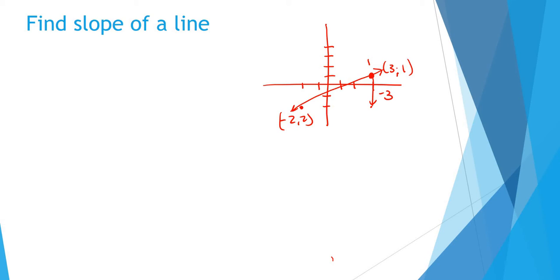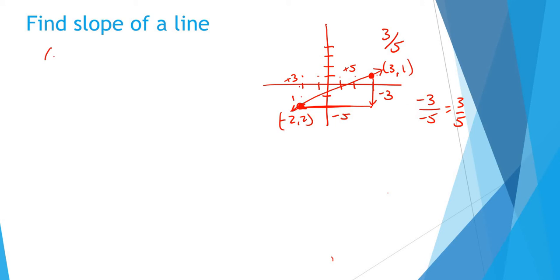That's a -3 from 1 to -2. And then I would have to move to the left 5 units. So the slope here would be -3 over -5, or 3/5. If I started over here and used this as my first point instead, I would then count up 3 and to the right 5. So that would be a +3 and a +5, still 3/5.